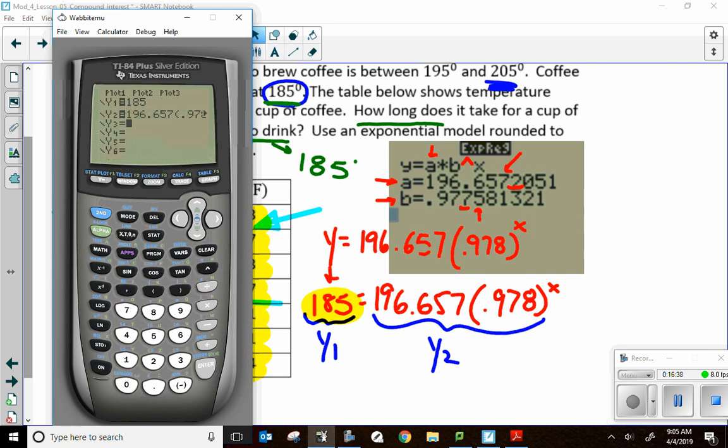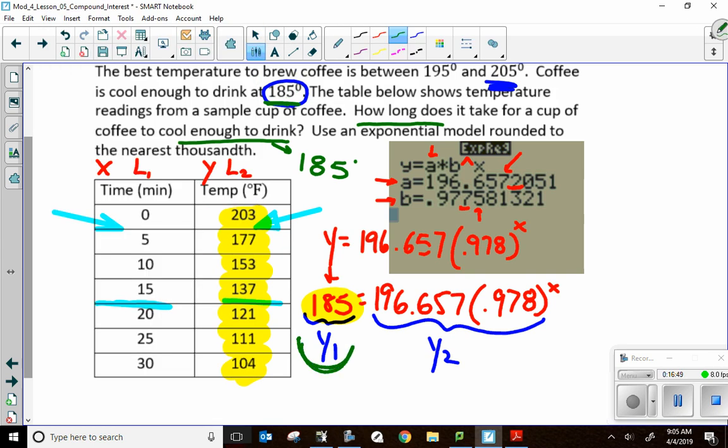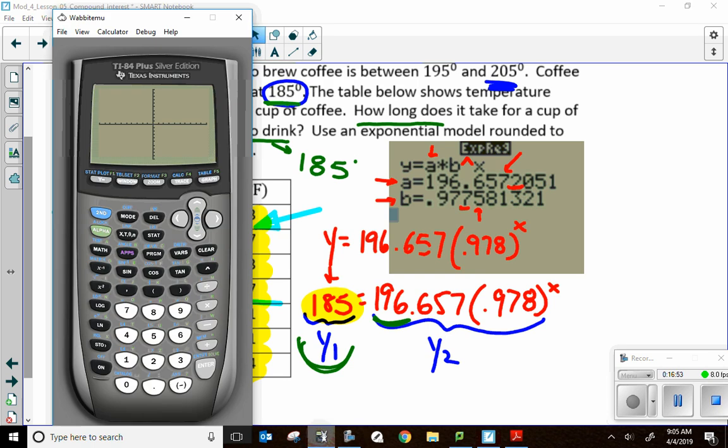Okay? Now, if I just do my standard window, if I go Zoom and I go 10 by 10, which is standard, that's choice 6, I am not going to see this. Again, 185 is way out of the window, and so is 196 where I'm starting. Okay? I don't see anything.